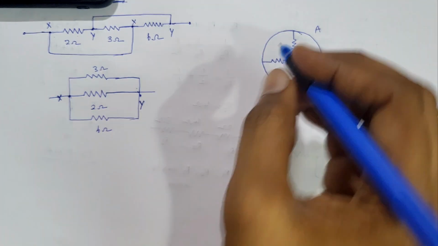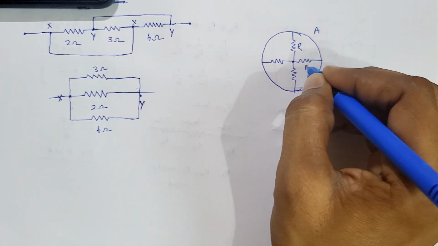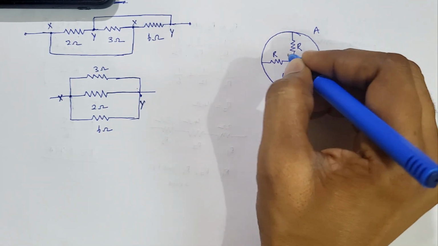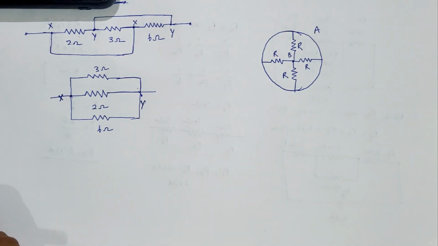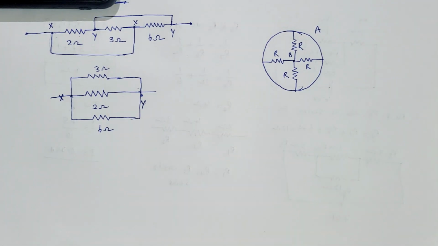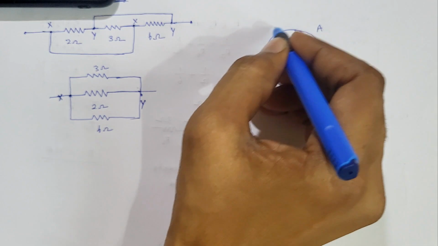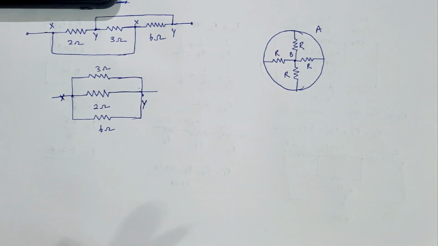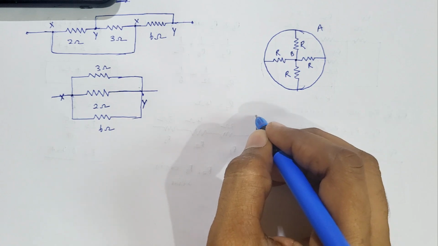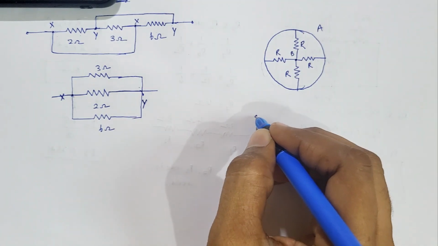This resistance is R, R, R, R. This is A terminal and this is B terminal. Now it may look like a circle, but the whole terminal is A only because there is no electrical equipment connected anywhere. So you can take this whole thing as A.